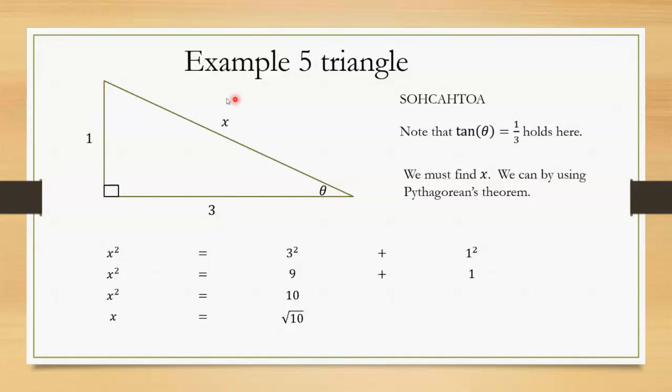In other words, if I asked you to get tangent of theta, you're able to get 1 over 3. So I put theta down here, I label the opposite side as 1, and the adjacent side as 3. That's this kind of right triangle.